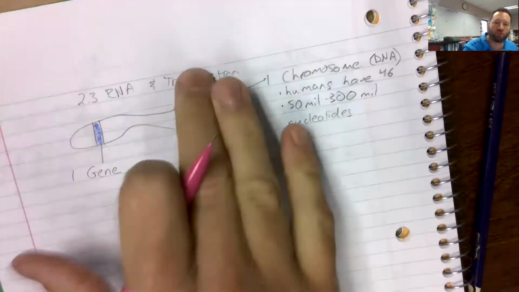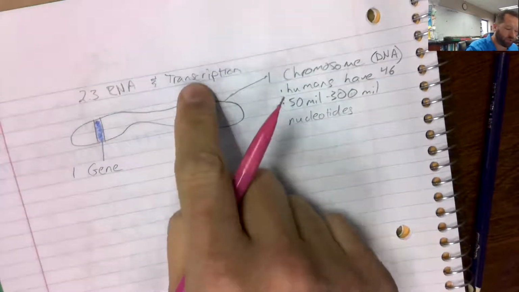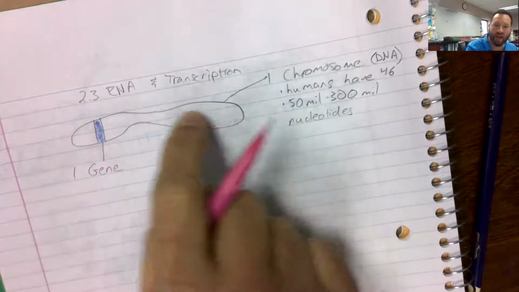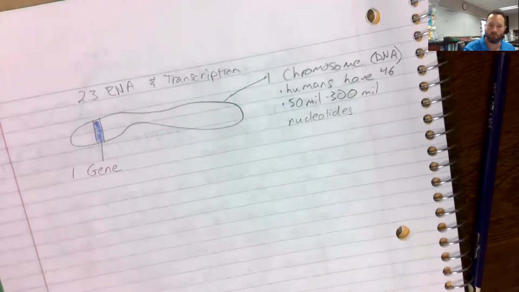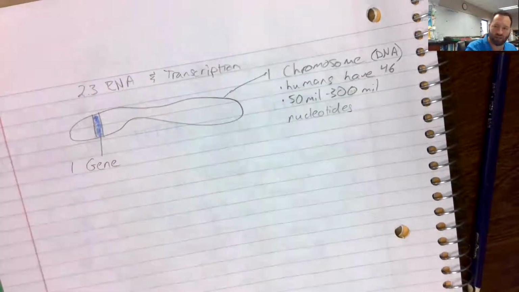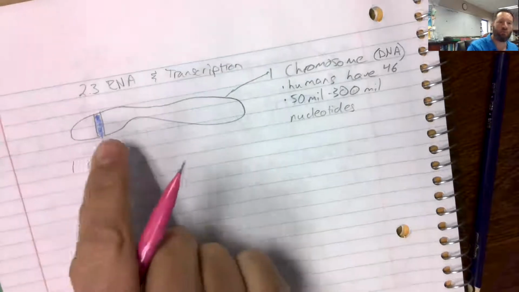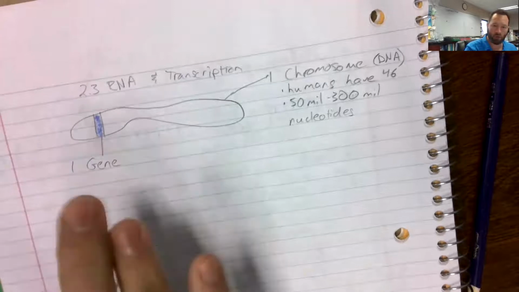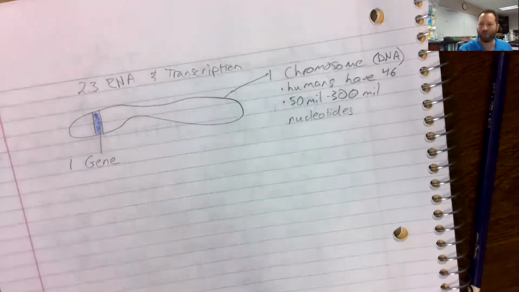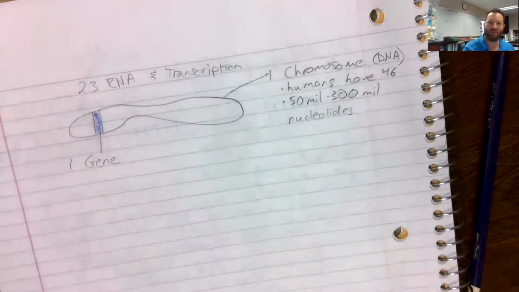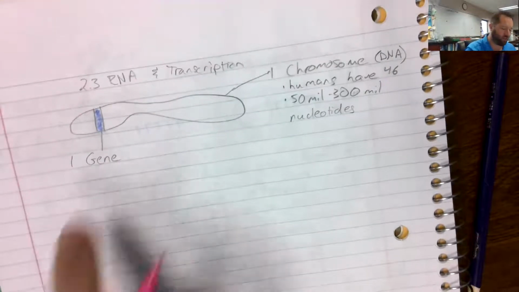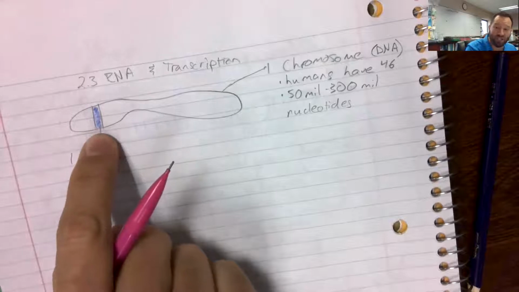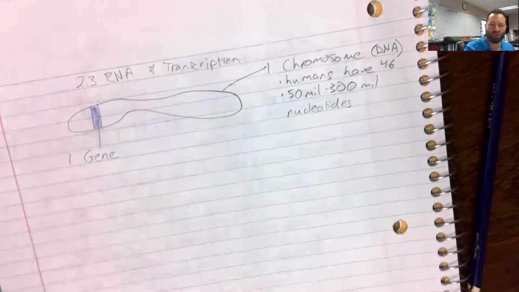When we get to transcription by the end of today, we're going to see that we don't transcribe the entire chromosome. We don't start at the beginning, we don't end at the end. We just do a very small segment of the chromosome, generally about one gene. Don't worry about genetics, we have a couple of chapters on that later in the year, but for right now, we're only turning a small section of this into RNA.